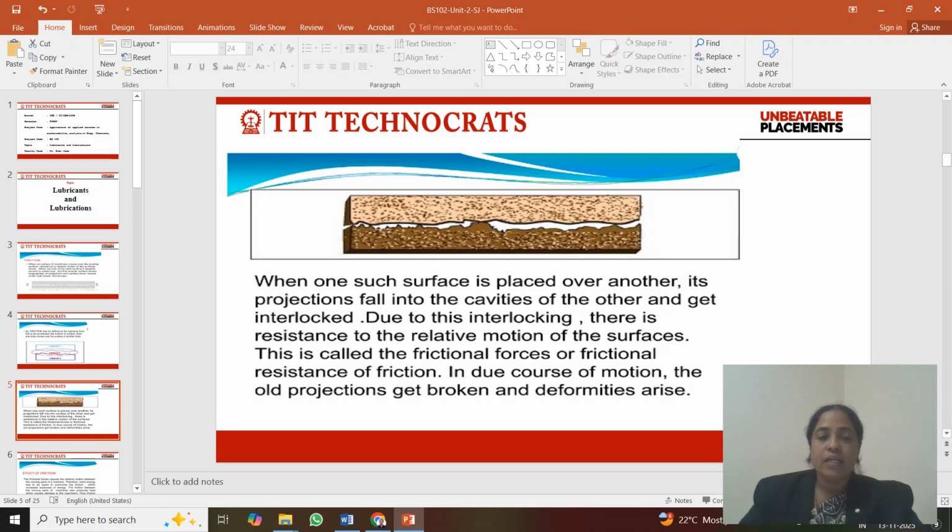In that case, the kind of lubricant we need to control the friction is a highly viscous lubricant, and highly viscous lubricants are able to control the corrosion also that is generally formed in the presence of water.